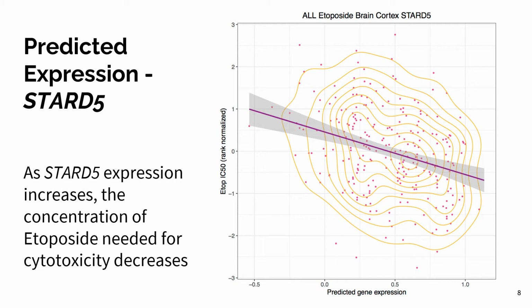So when STARD5 is more highly expressed, etoposide is more effective, there's higher efficacy there, and the cell lines are more sensitive to this drug.